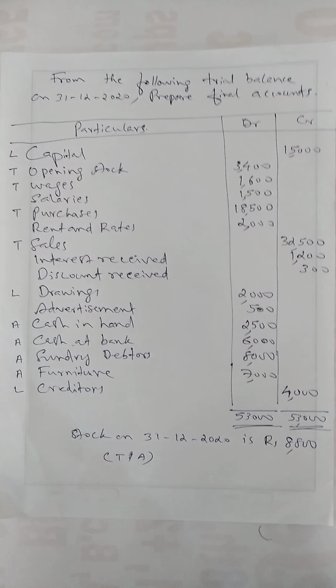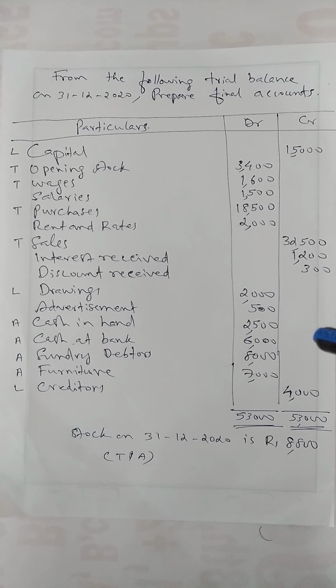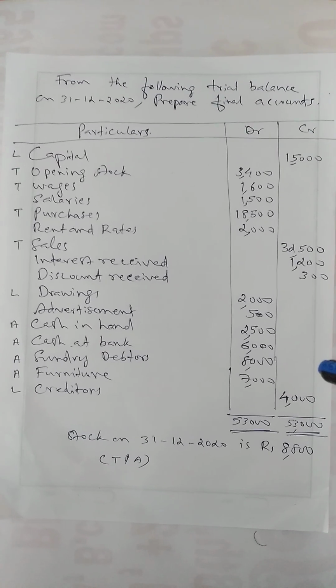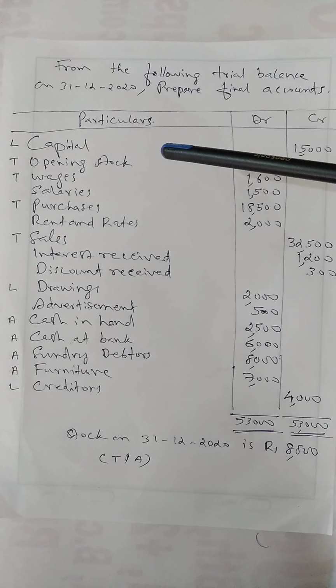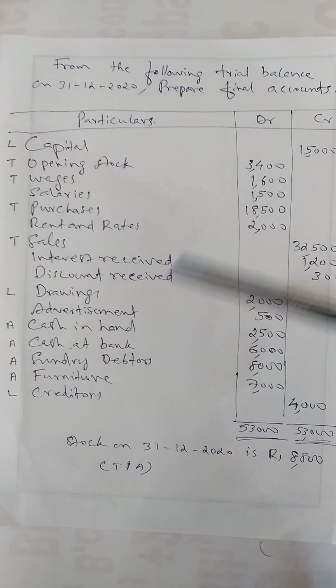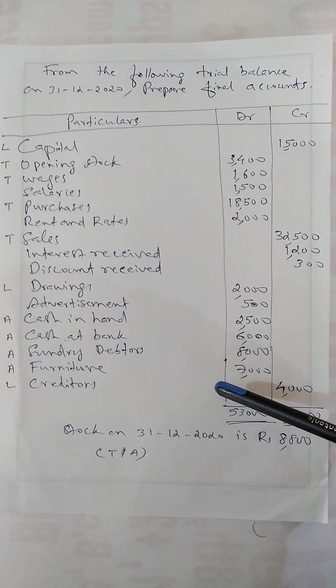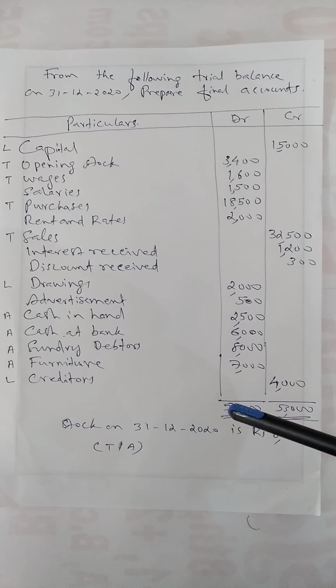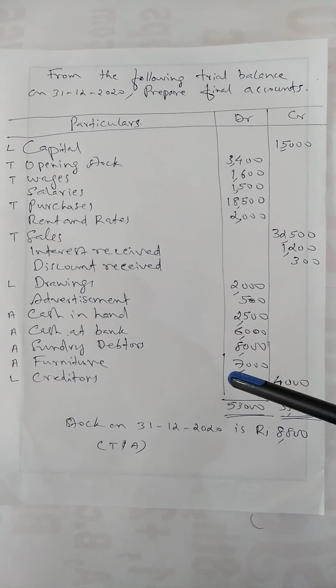See, as per accounting rules, all assets and expenses have a debit balance. That means the amount of assets and expenses must be shown on the debit column of the trial balance. And all liabilities and incomes have a credit balance.